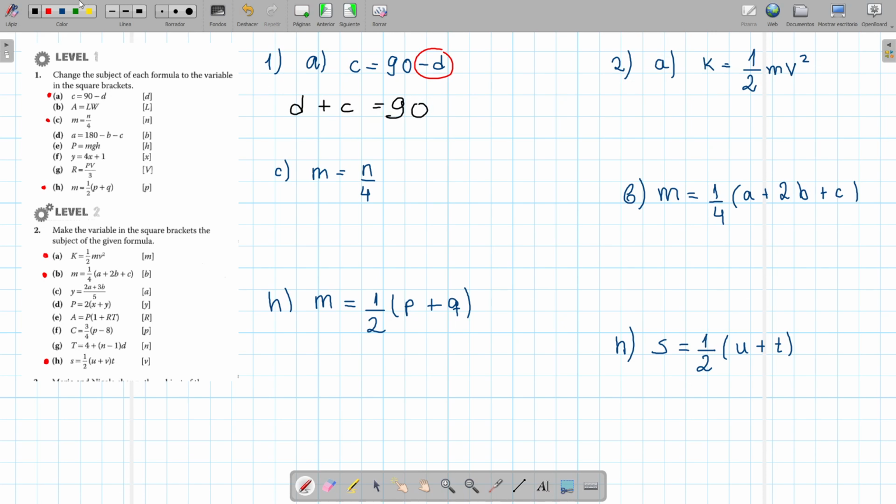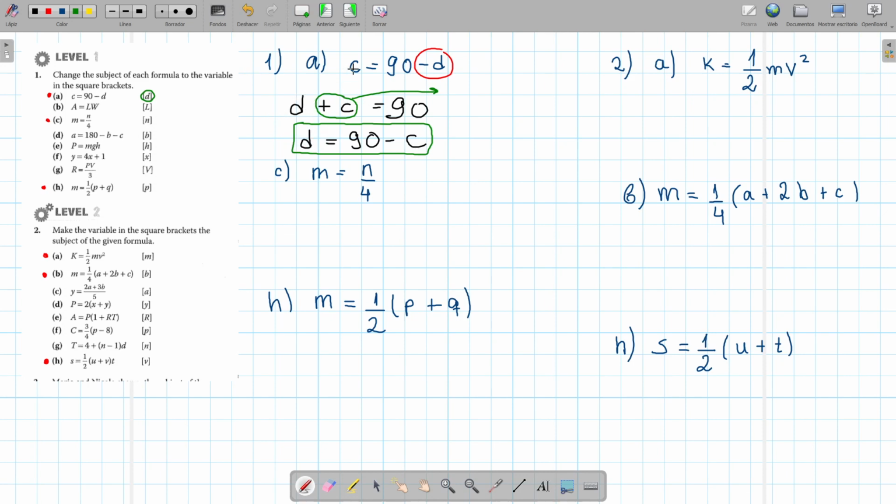But I don't need this variable C, so I will send it to the other side. We have 90 minus C, and this is the answer. Remember, we want to solve for this variable and put it alone.